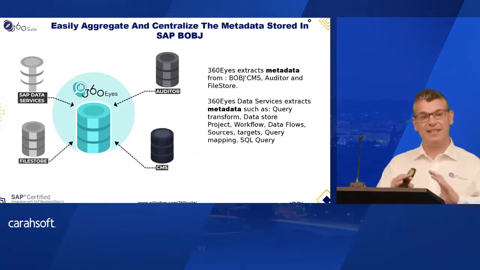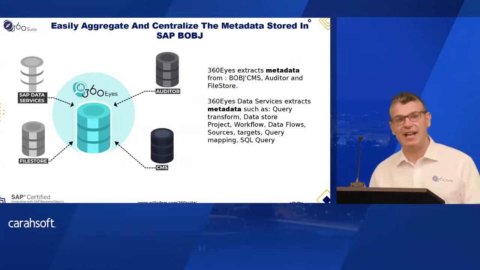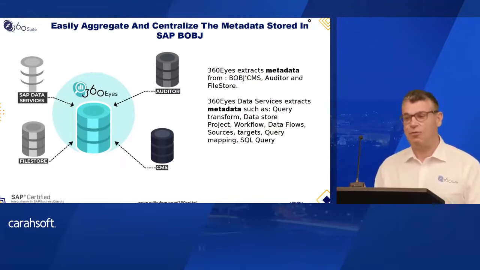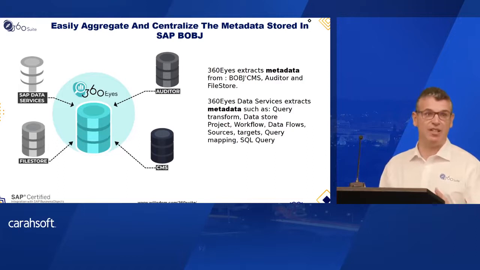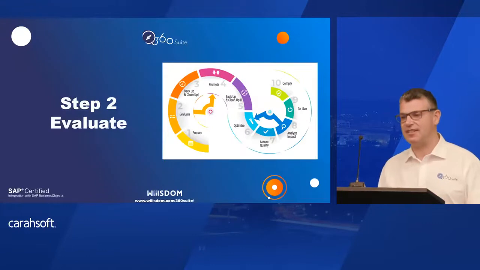You're able to mix and brew this information and then do BI on BI out of that. And that is going to allow you to understand what's used and, more importantly, what's not used, because whenever you do preparation, you want to know what's not used. That's the key. And additionally, there's an option to have access to all the metadata, or some of the metadata, from SAP Data Services.